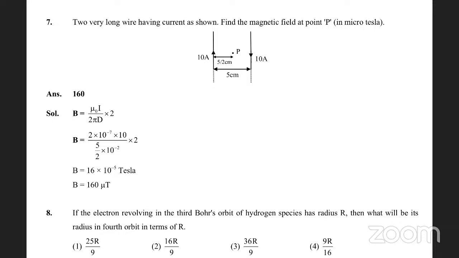Look at the next question. Two very long wires carry current as shown in the figure. Find the magnetic field at the point. If I is the current flowing through a long conductor, we know that the magnetic field at the given point is mu naught I by 2 pi r.